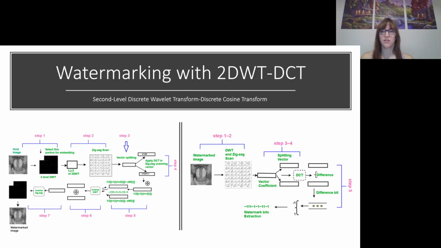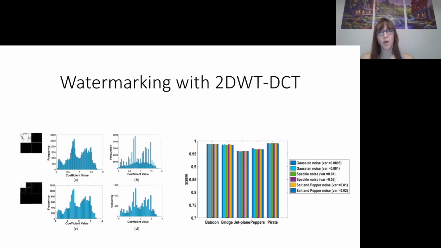And when you want to see if the image is being copyrighted or whatever it may be, you can perform the decoding process and see if that watermark exists on the image. They chose to go with the second level discrete wavelet transform because it had a lower ability to be detected in the frequency domain.